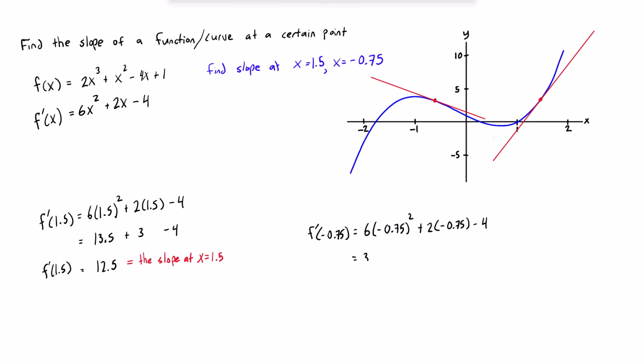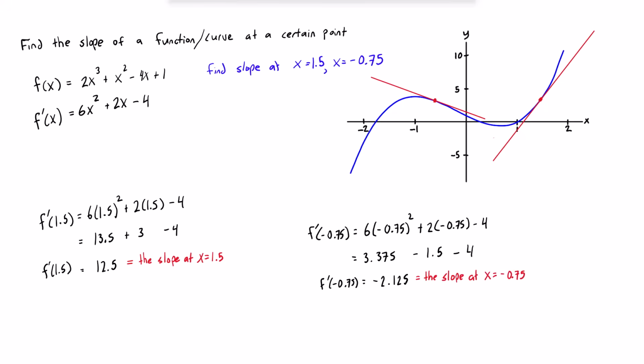This works out to be 3.375 minus 1.5 minus 4. And for f prime at negative 0.75, we get a value here of negative 2.125. So that is the slope at x equals negative 0.75 on the function.